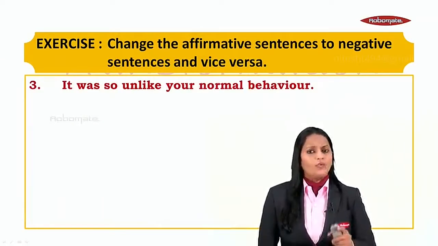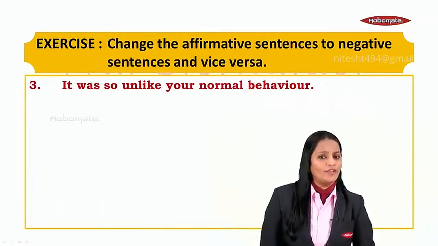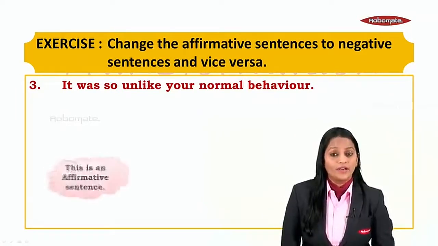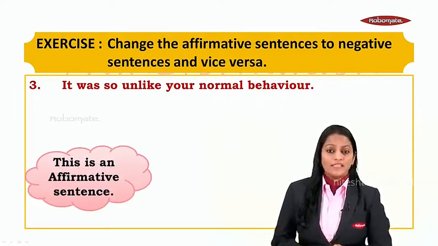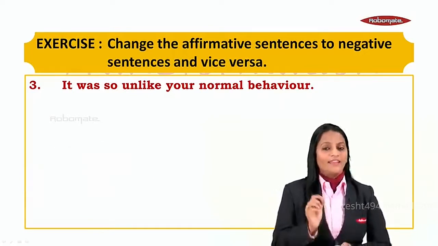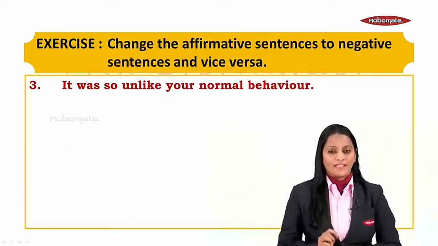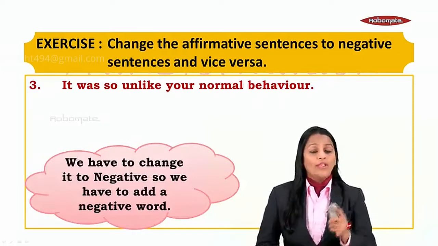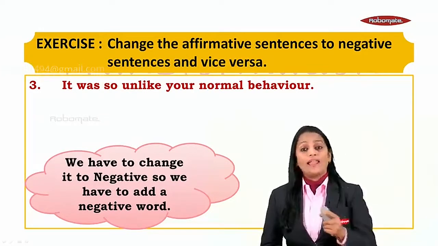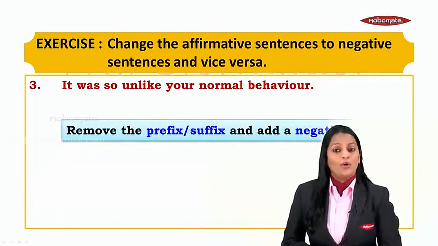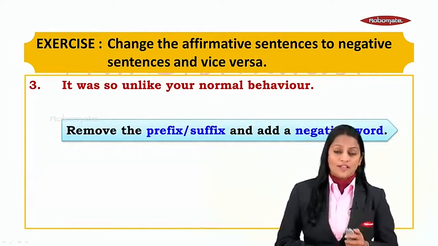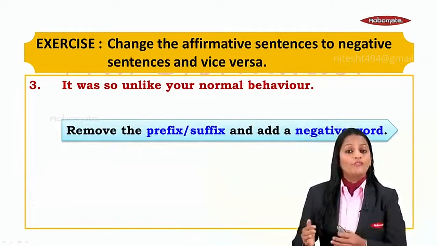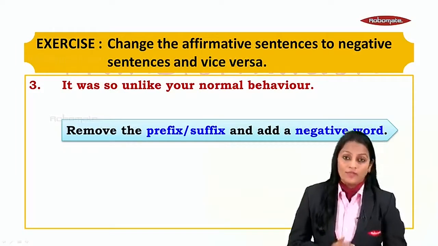Third one. It was so unlike your normal behavior. Students, there is no negative word, so this is an affirmative sentence. But if you see unlike, here there is a prefix. So now what do we do? We have to change it to negative, so we have to add a negative word, and we know that when there is a prefix or a suffix, you remove that and you add the negative word.